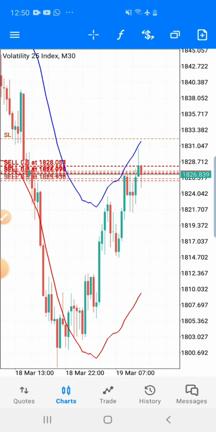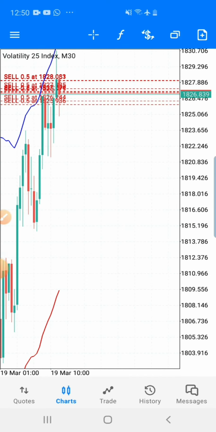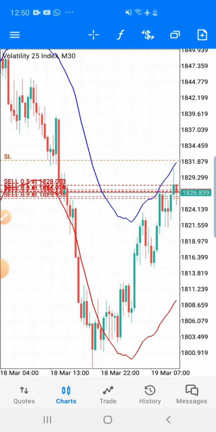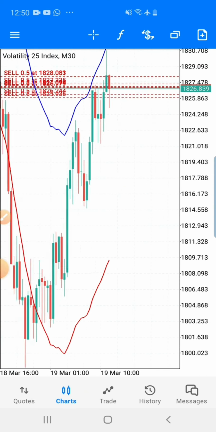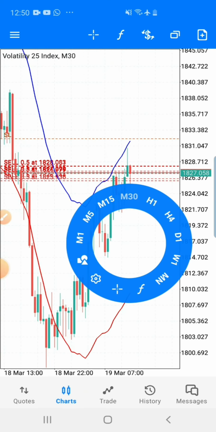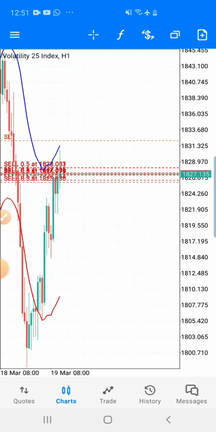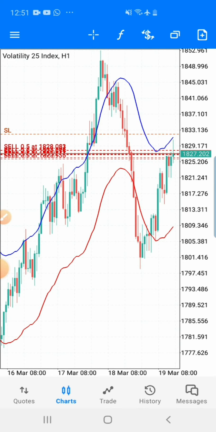So first of all, I'm just using simple price action and this indicator. So I'm just using one indicator here with simple price action. So why am I taking this kind of risk? Why am I taking this kind of risk? So if you look from a higher time frame, okay, if you check from maybe a 1 hour time frame, you can see the price.